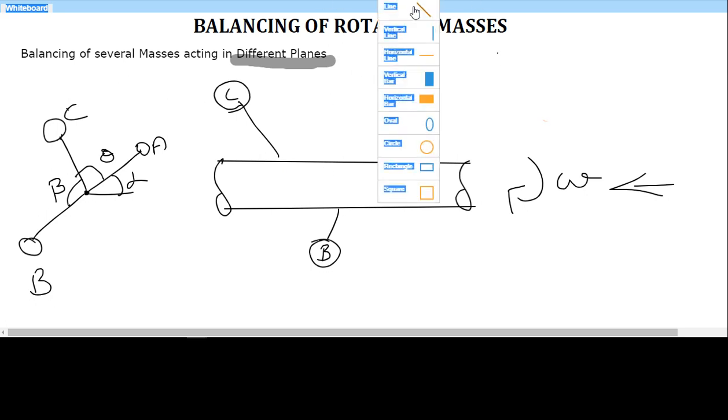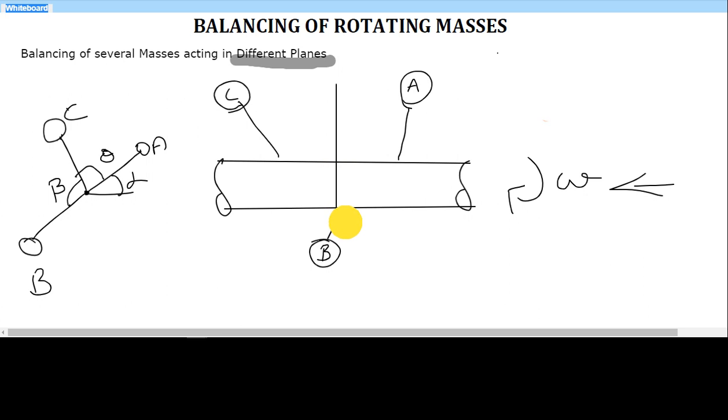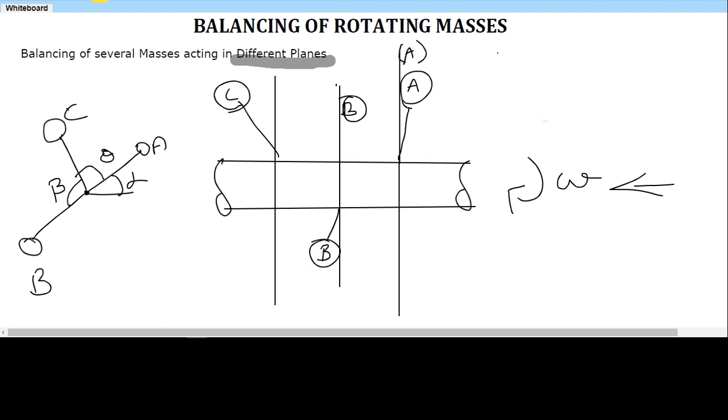For example, when we draw lines from where each mass is acting, if I draw a line, this is the plane of action of B, and if I draw another line, this is the plane of action of mass A. Similarly, this will be the plane of action of C, and there is a significant distance between these planes. So in addition to the angular positions, you need to find the distance between these planes also.